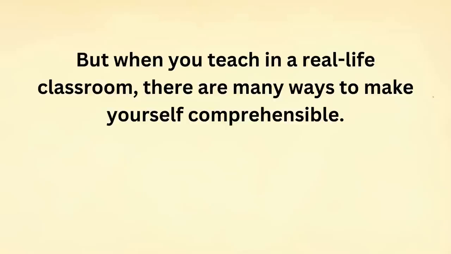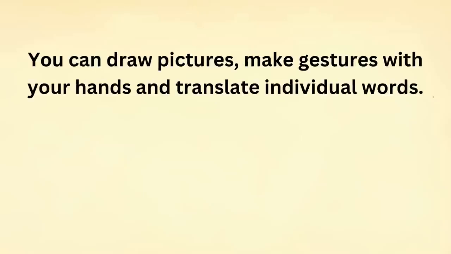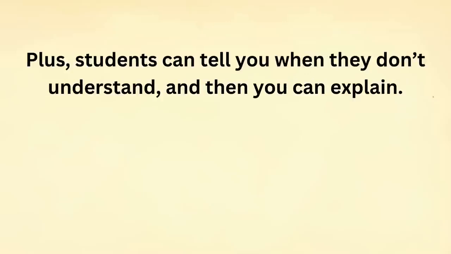But when you teach in a real-life classroom, there are many ways to make yourself comprehensible. You can draw pictures, make gestures with your hands and translate individual words. Plus, students can tell you when they don't understand, and then you can explain.